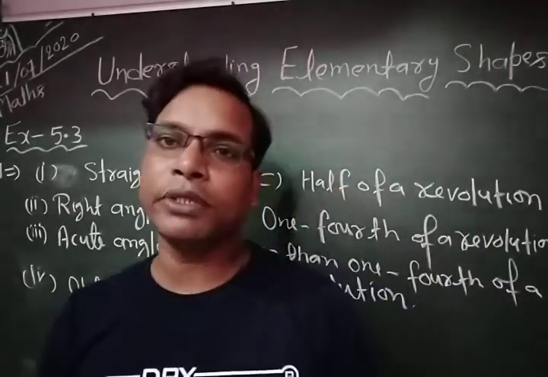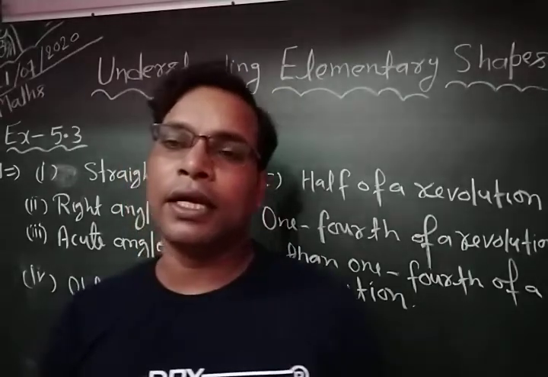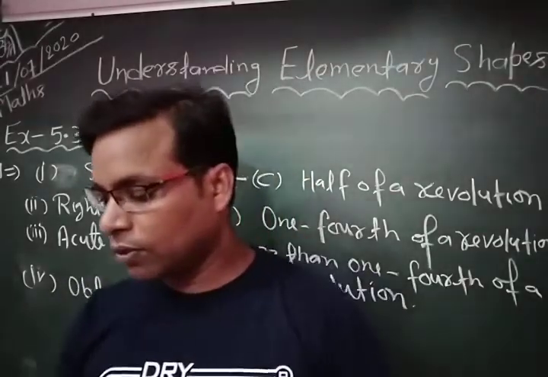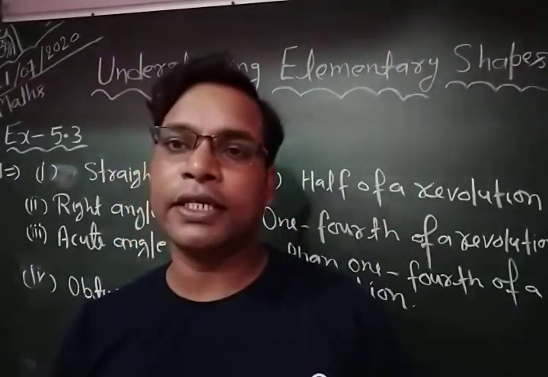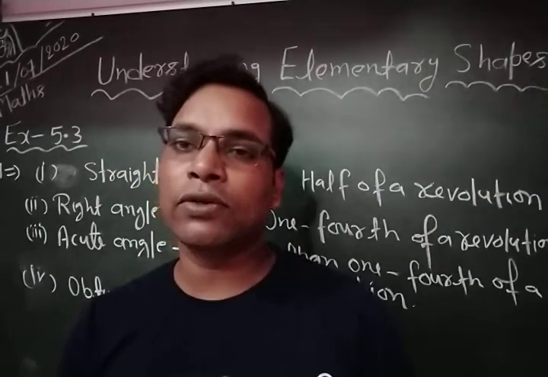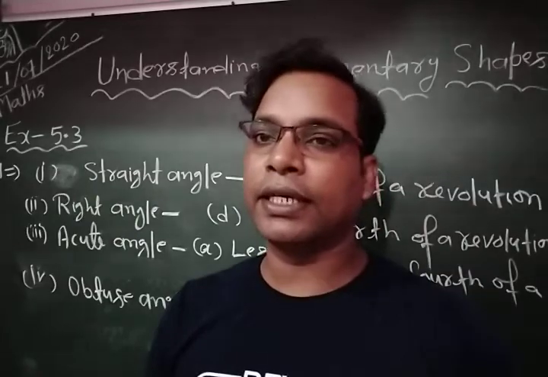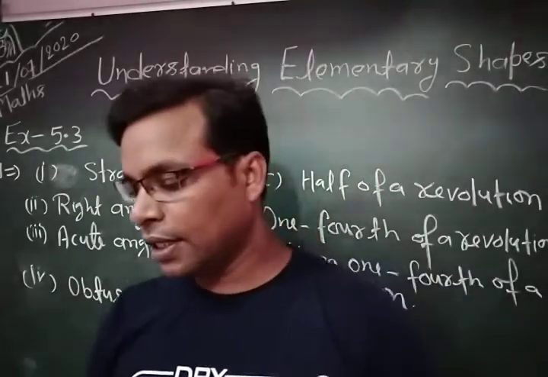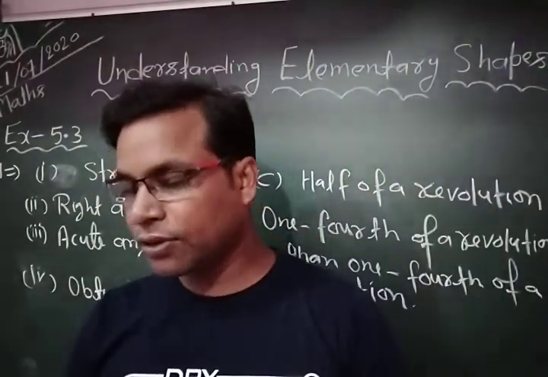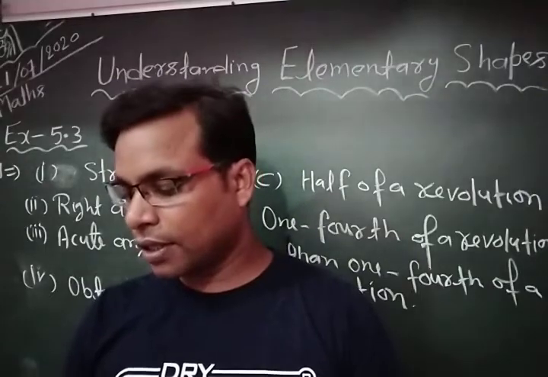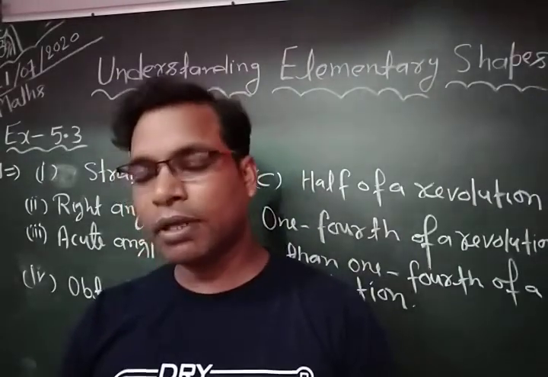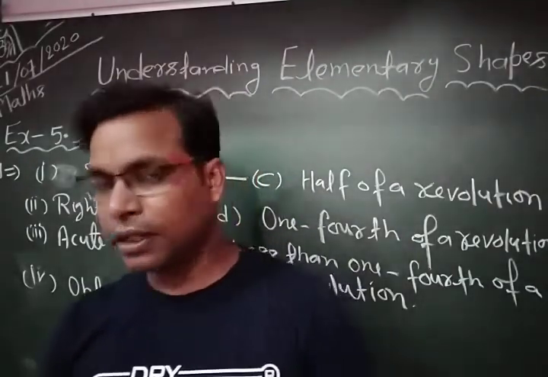Clear? And 1/2 of a revolution means 180 degree, a straight angle. It is also called half of a revolution. So an obtuse angle is between 1/4 and 1/2 of a revolution.